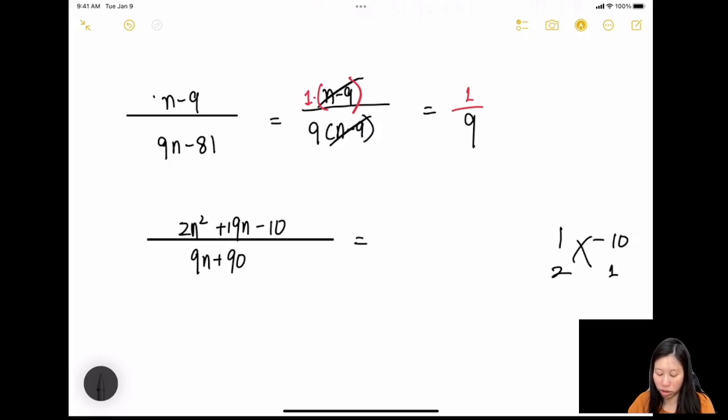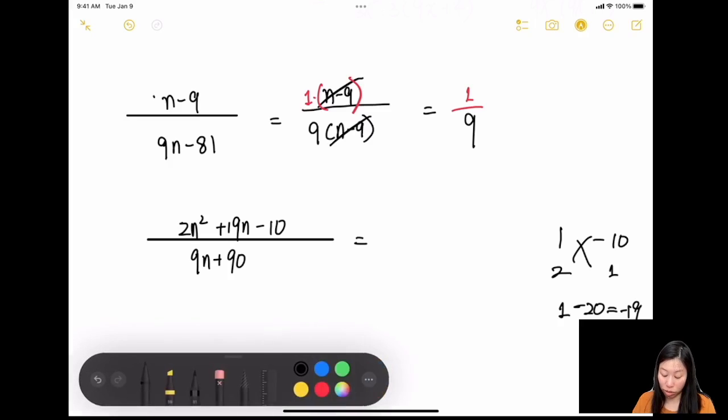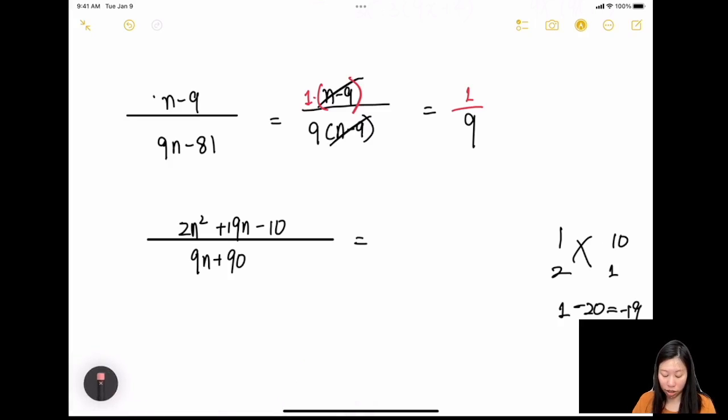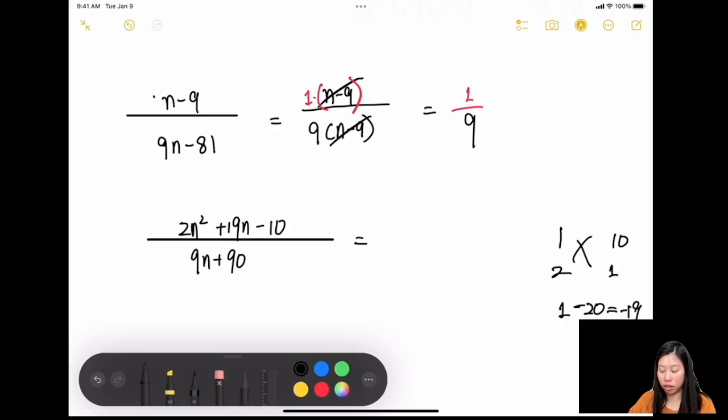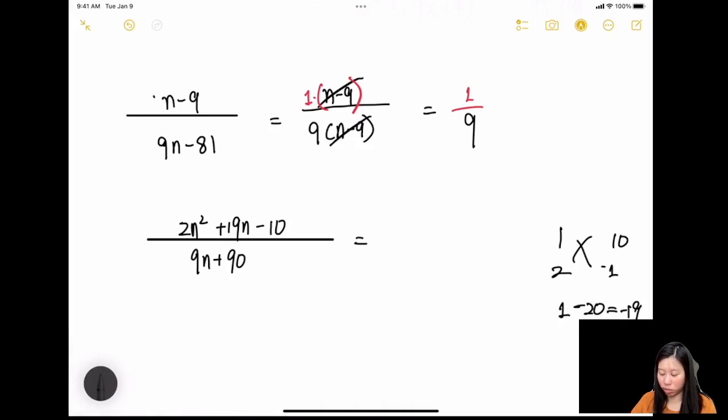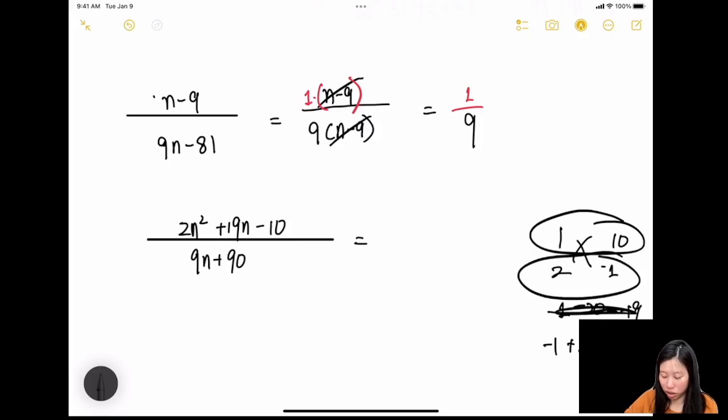Negative 10 times 1 is equal to negative 10. 1 times 1 equals 1. 2 times negative 10 is negative 20. So we have negative 19, but we want a positive 19. That means all we need to do is change the sign. Instead of negative 10, we use positive 10 and negative 1. So now we have negative 1 plus 20, which is equal to 19. So now we combine these in that way.